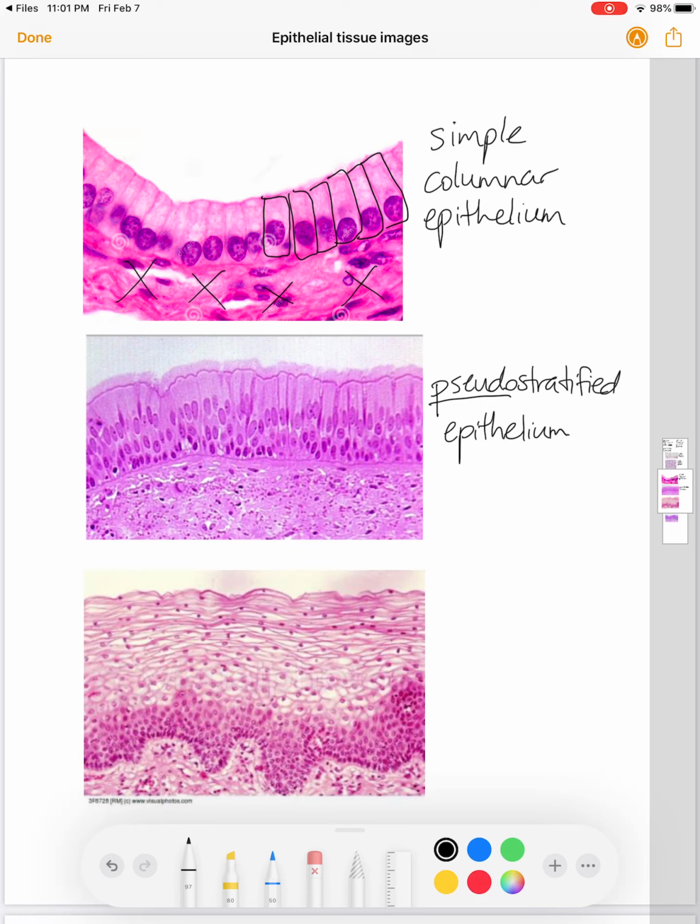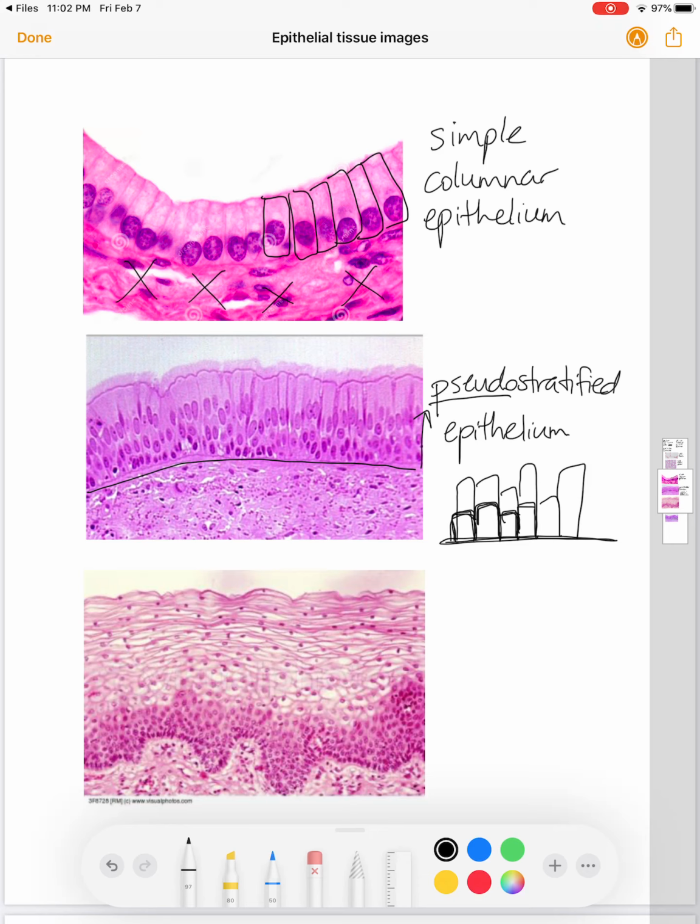So the reason that it looks stratified, so this is the basement membrane here, and you can see all the epithelial tissue kind of up above it. What's going on is you have some cells in this tissue that are taller than others. So when you have cells sitting in front of them that are a little bit shorter, they tend to cover up the bottom half of those tall cells.